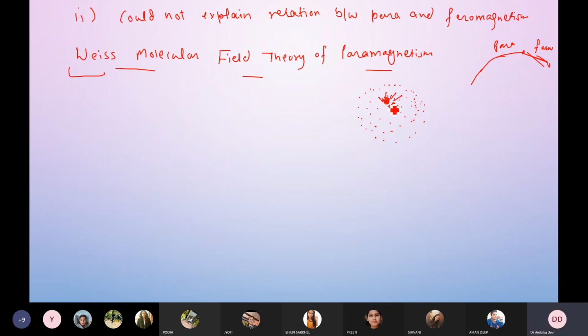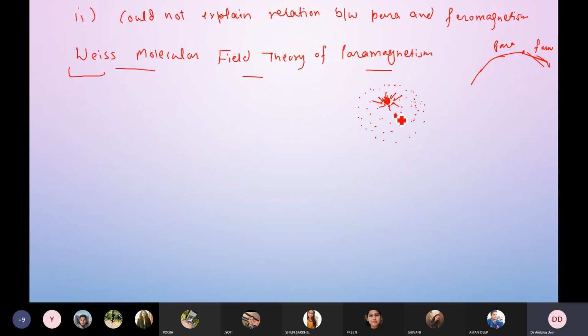They are also interacting with each other. Similarly, if we are talking about this molecule, the other surrounding molecules are also exerting a force on this molecule. Okay, so this is known as the internal field, right?